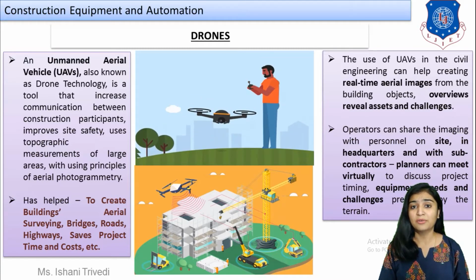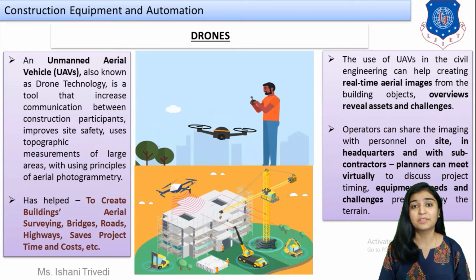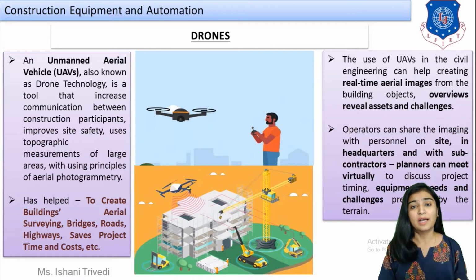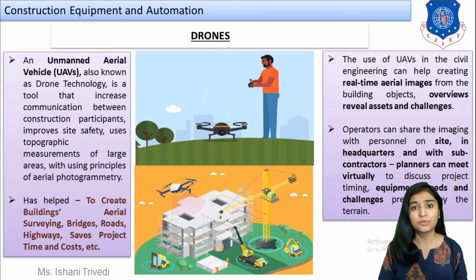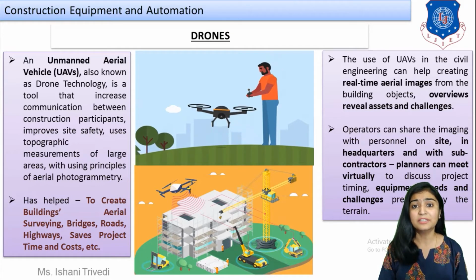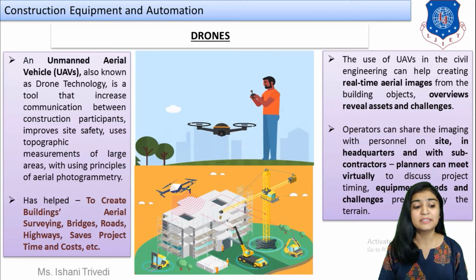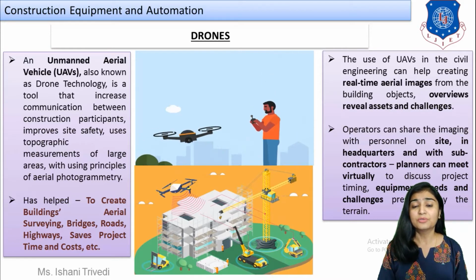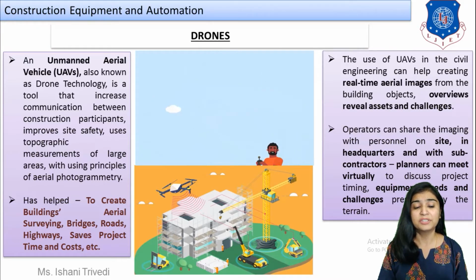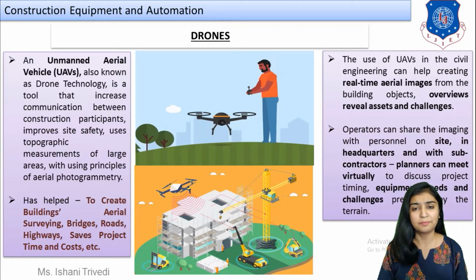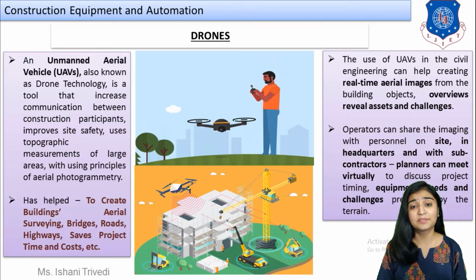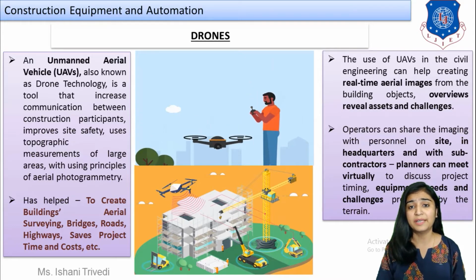A huge amount of photography is done with the help of drones. So based on the history and based on the research, it is found that drones have helped in various fields, like to create the buildings aerial surveying, to carry out the aerial survey for bridges, for roads, for highways, and it also saves the project time and cost. As I said, that it will be less costlier as compared to the aircraft.